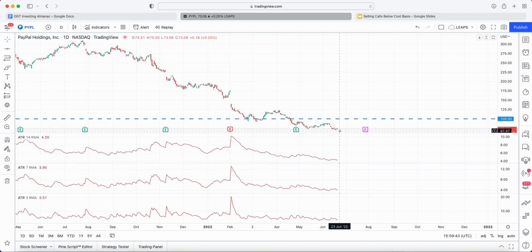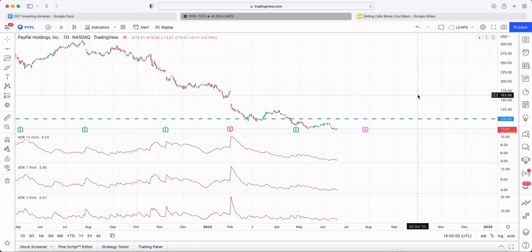Now, as you can see, we are in a downtrend, right? So the odds of PayPal having 3 days of going up $4.20 every single day is very unlikely. But it's a good range to look at.